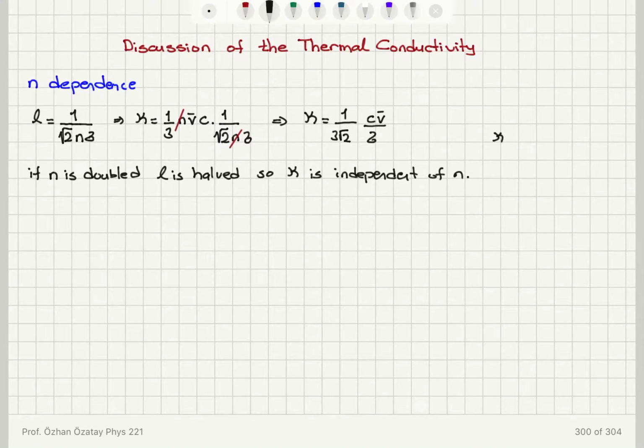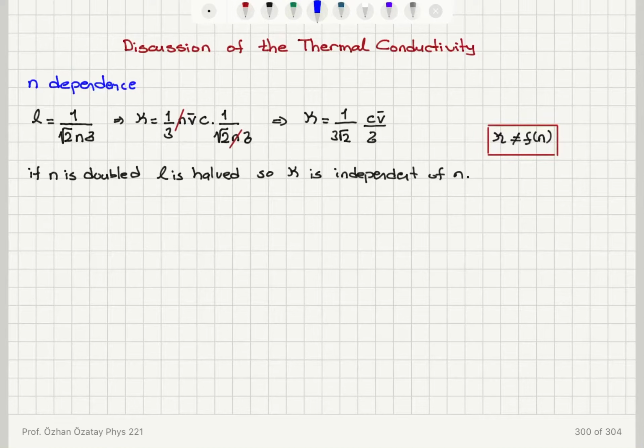Kappa is not a function of n. There is going to be one limit here that we should be careful about with this n dependence. We will get to this later.